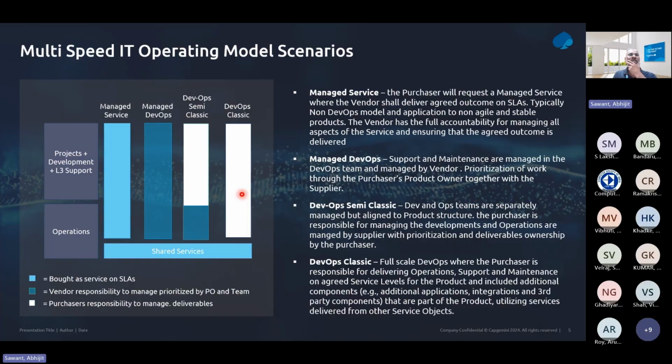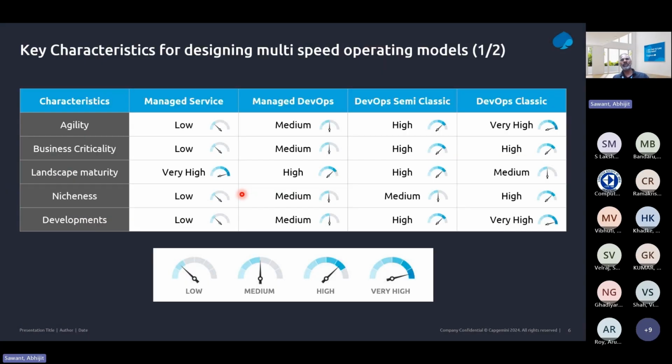All right. So this is the catalog of the operating models, and then some more detailing on how each of these models gets differentiated through the characteristics. This will help you map the product category to what it will ideally fall under. So if agility is low, ideally it is managed services, and if it is the highest, then it should ideally go to DevOps Classic.